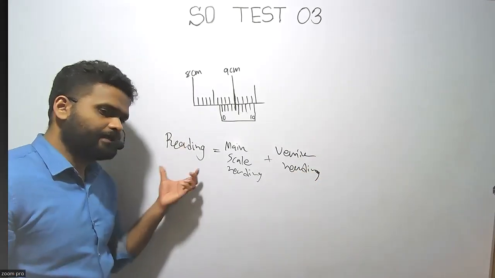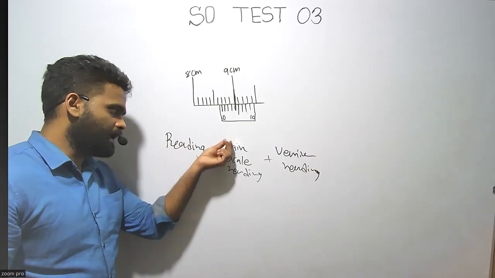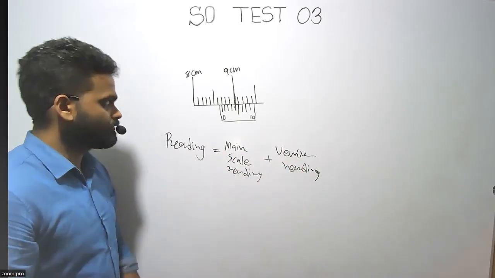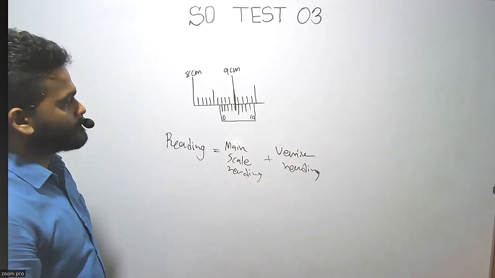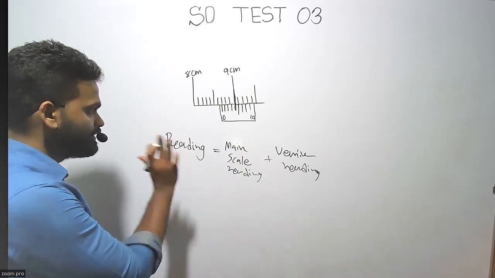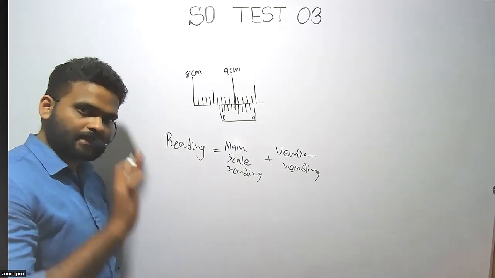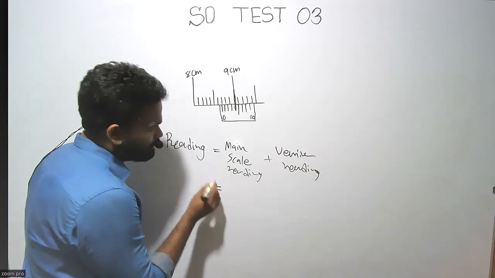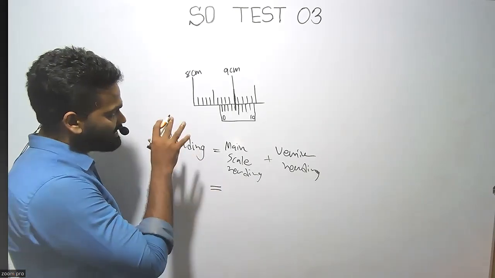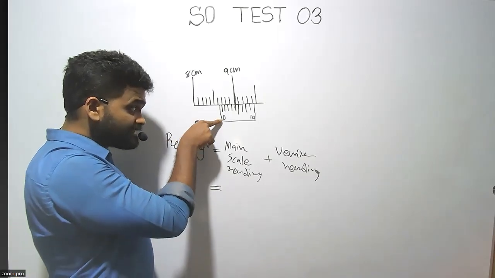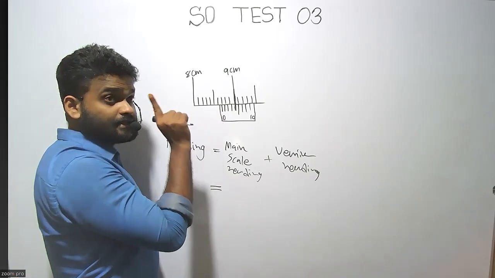So the reading from the vernier caliper is main scale reading plus vernier scale reading. That's the equation you use to get a reading from a vernier caliper. That's the first step.